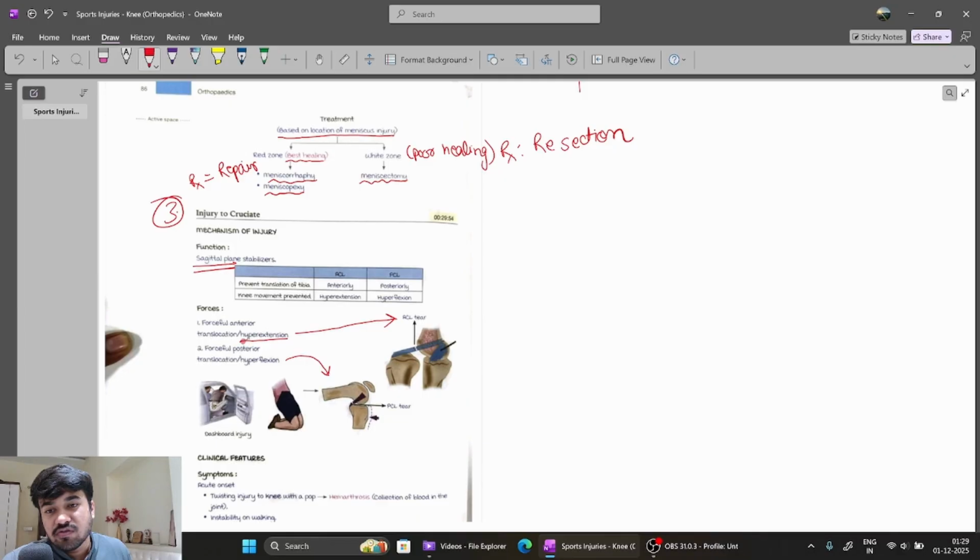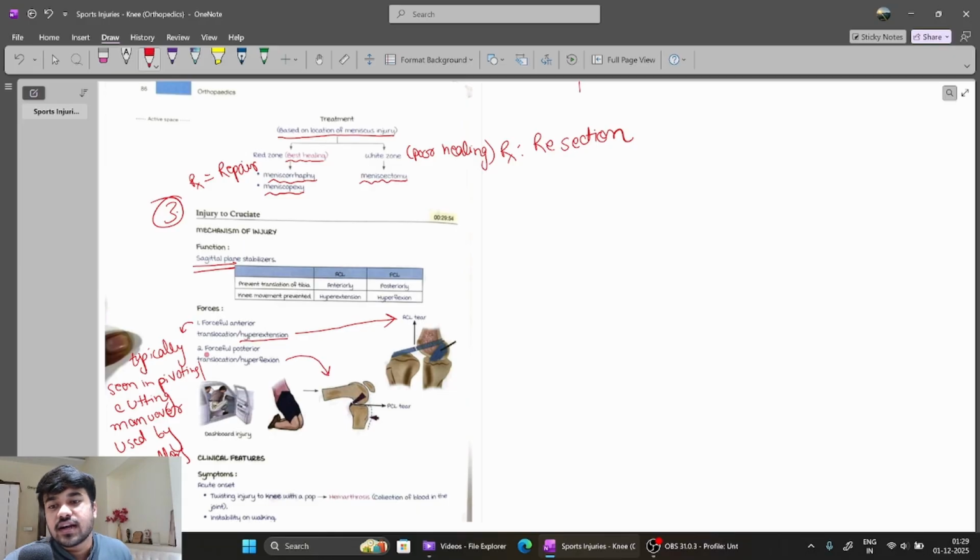Now, this forceful anterior translocation of tibia or hyperextension, this type of movement is typically seen in sudden pivoting or cutting movement, or cutting maneuver, used by footballers, right?